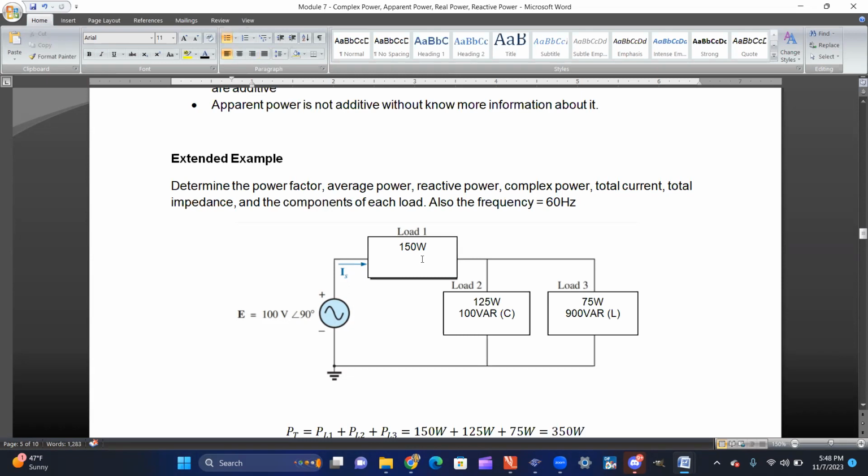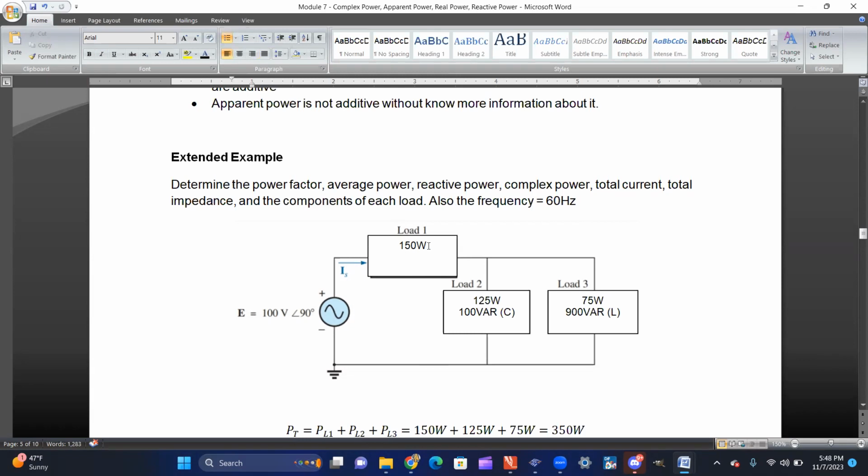But in this particular case, we don't have any reactive power. All we have here is just our active power, which is 150 watts. So that's how we can substitute our P for S and Z for R, because our impedance is a combination of our real and imaginary components for a particular load.